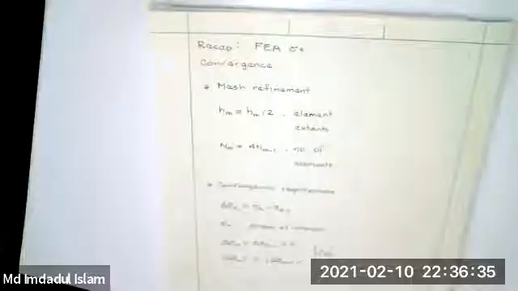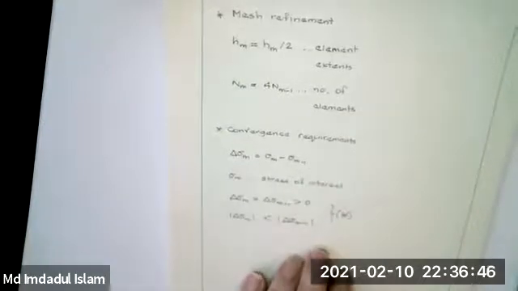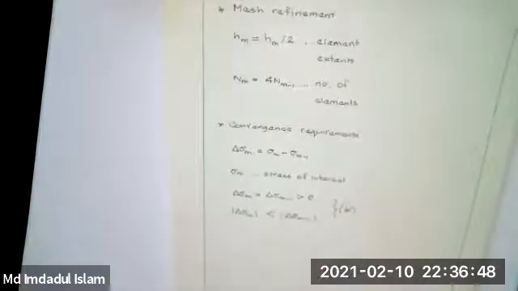So, as far as this course is concerned, this decision of which stress of interest, you do not have to make it, okay? But you'll be told it's at some maximum stress at some location. In practice, you have to make a decision.